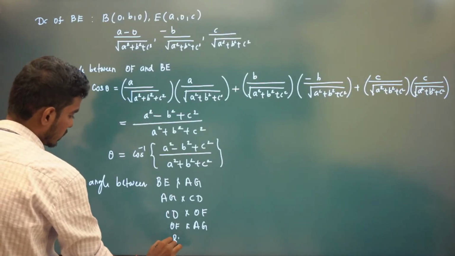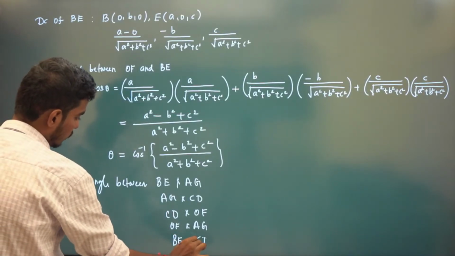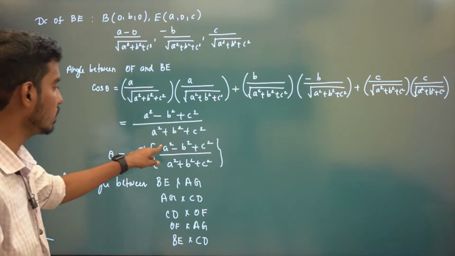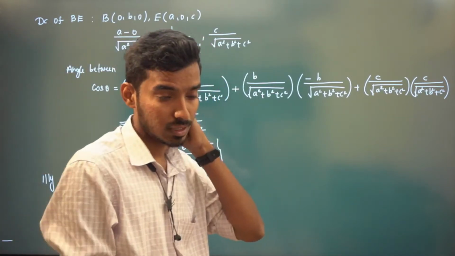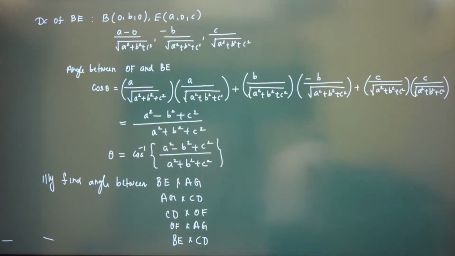So you need to find all of these. It will be of this type only, right? Either this will be plus or minus. That three thing will only be changed.